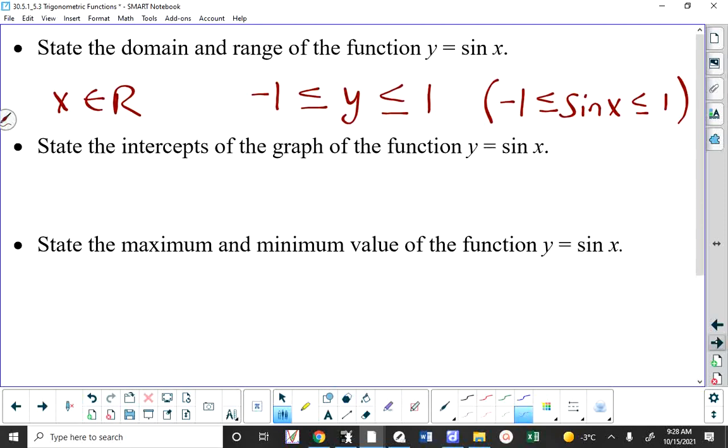I'm just saying sine of x is between -1 and 1. What are the intercepts? Well, if you stop and think about the intercepts, that would be where sine of x is 0. And that's these two locations on the unit circle at 0 and pi. But 0 and pi would give you a sine of 0, and so would 2 pi and 4 pi and 6 pi and -8 pi and 11 pi.